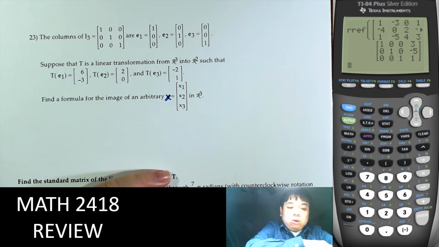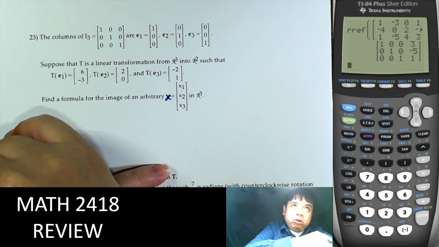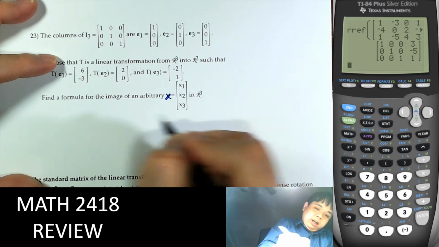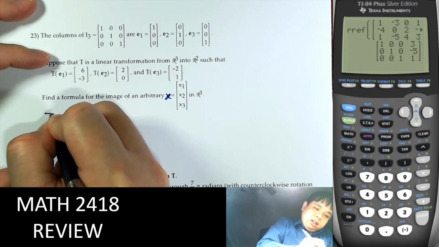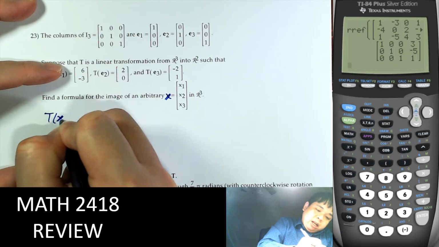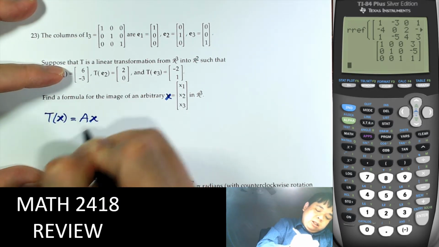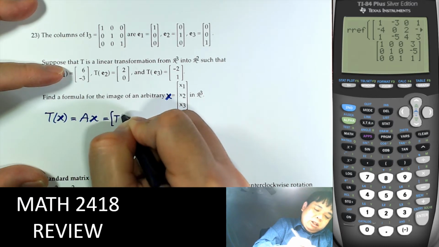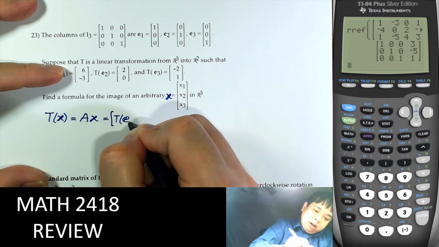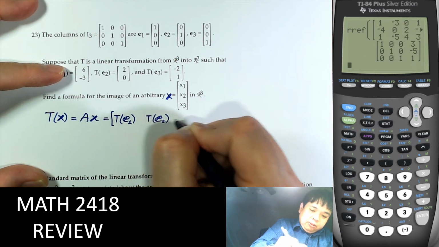That will be very easy. So we have the transformation for the columns of the identity matrix. The transformation applied to X will be equal to A times X, and the matrix A is the transformation applied to all the columns of the identity matrix: T of E1, T of E2, and T of E3.